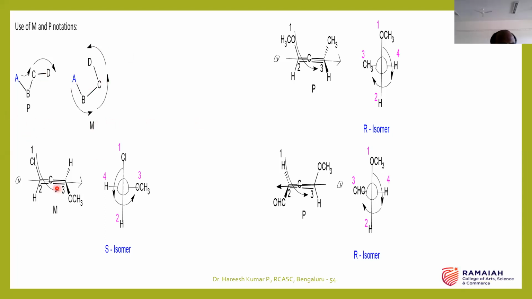Let's take an allene case. This is the allene one. And you are familiar with converting this into this format. That means nearer groups take the priority compared to the far groups. When you are converting, these are vertical groups and these are horizontal groups.